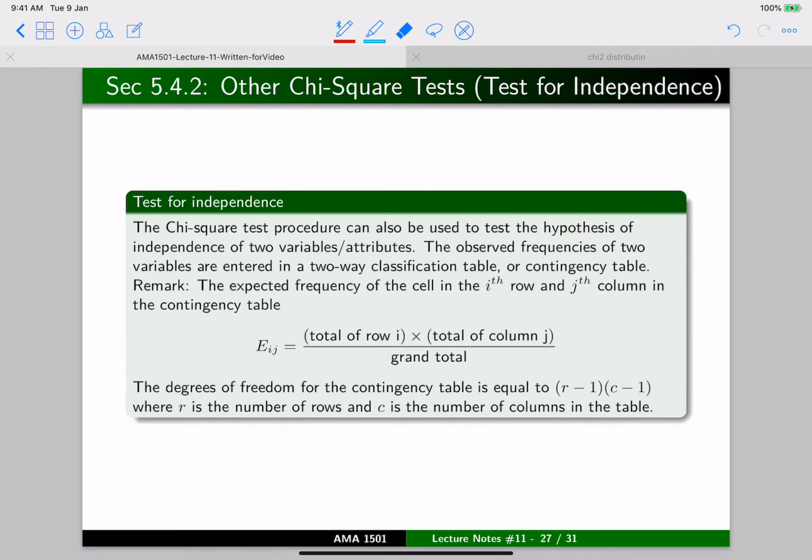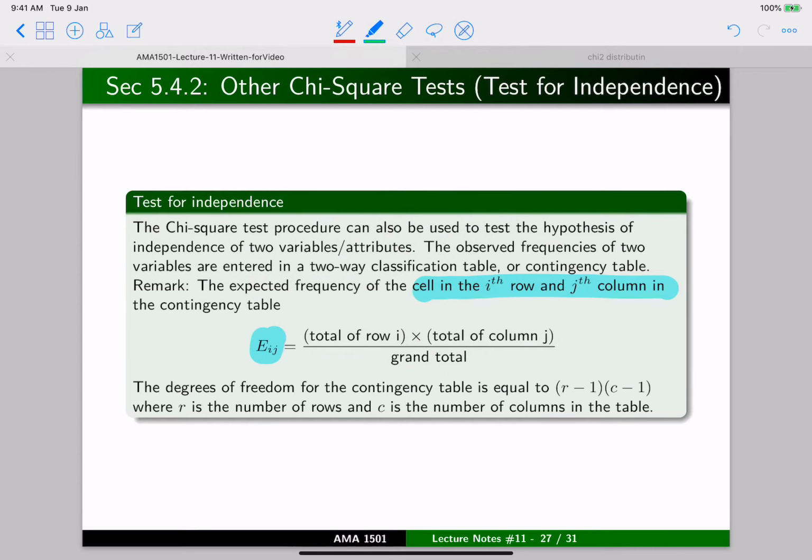To calculate the observed frequencies of the two variables, when you enter them in the two-way classification table, what they call a contingency table, we calculate the expected frequency of the ith row and jth column, and you denote it as E sub ij. It is going to be equal to the total of row i times the total of column j divided by the grand total.